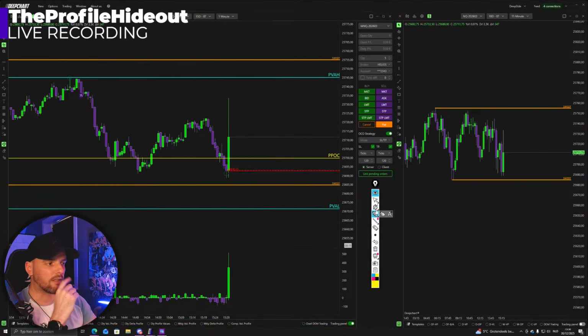So even though we're opening up in range and value, it's very balanced. I look less at the opening drive, the opening type, but it does tell a lot. If price is opening up here, moving up, and we are not retracing, I don't want to short that initially at all.